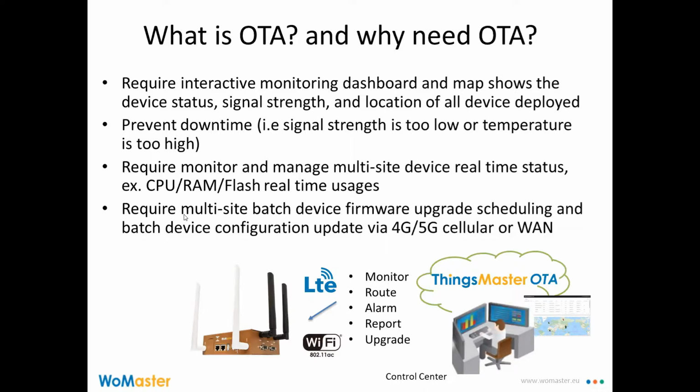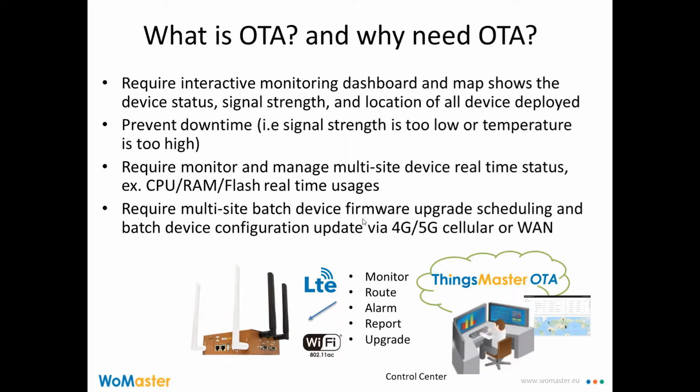It is also important to have multi-site batch device firmware upgrade scheduling, and also batch device configuration update via 4G or 5G cellular or WAN interface. That means the OTA can provide the multi-site device firmware upgrade function.